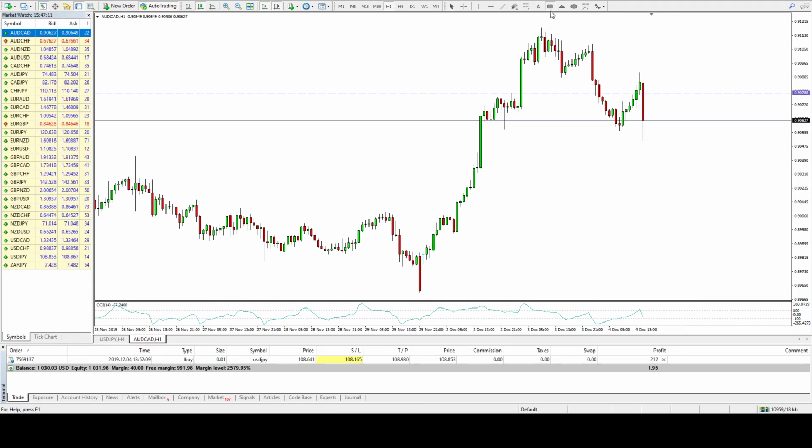So the area we should pay attention to, if I decide to continue trading this, would be this area. So there's a possibility the price comes back up and touches this.